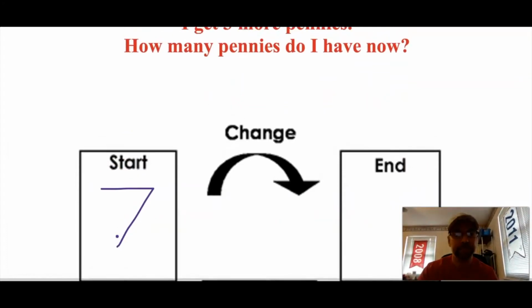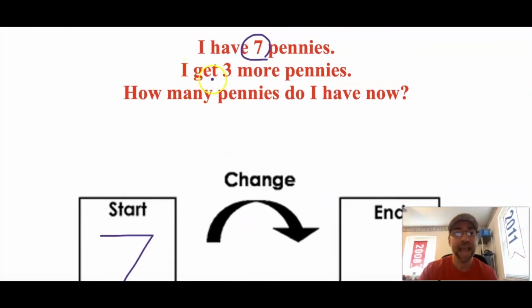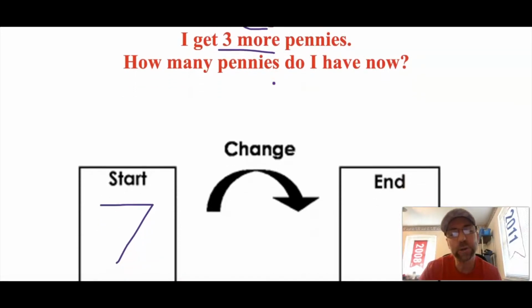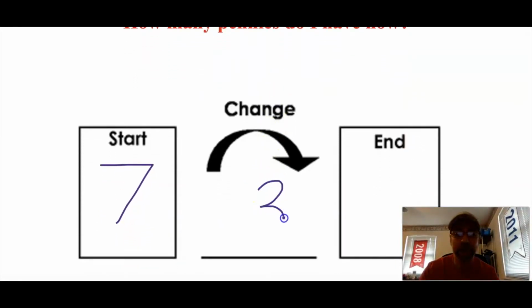Awesome job. My story continues. I get 3 more pennies. That's my change. That's what's different. I'm starting with 7, but now that's changing. I want to show you what else we can write. We can put the 3 in our change box.